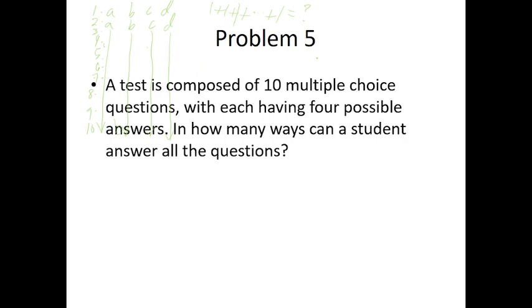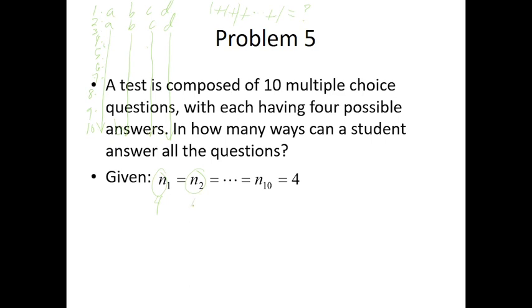A test is composed of 10 multiple choice questions with each having four possible answers. In how many ways can a student answer all the questions? Operation 1 can be performed in four ways. Kasi, I can choose A, I can choose B, I can choose C, I can choose D. So, four ways. Operation 2, ganun din. I can choose any of the four options.